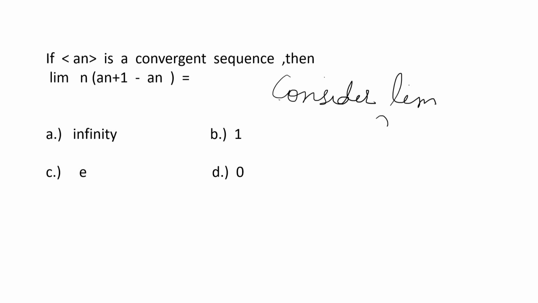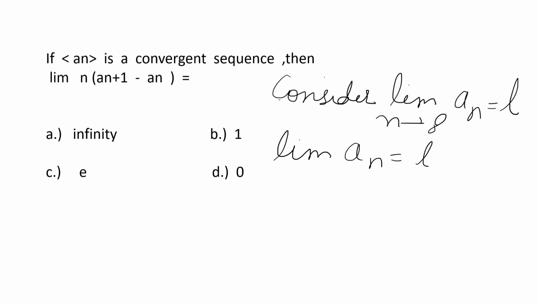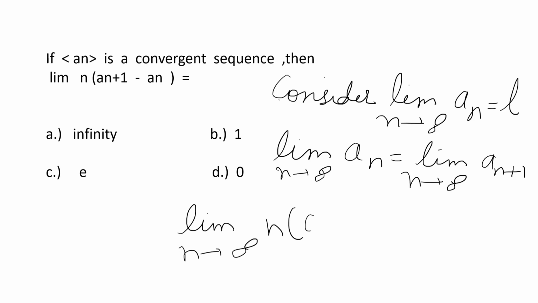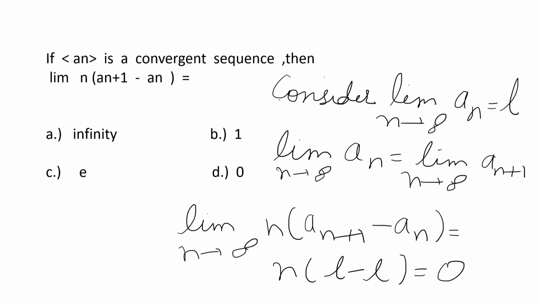The limit as n tends to infinity of an is equal to L, and the limit of a(n+1) is also L. Here we considered the limit as n tends to infinity of an is equal to L. Therefore, the limit as n tends to infinity of a(n+1) minus an will be L minus L, which will be equal to 0. Therefore, the correct option is D, which is 0.